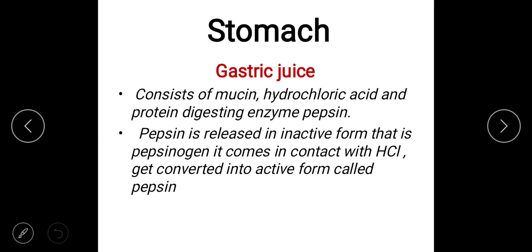It will start acting on the proteins of the walls of the stomach and start digesting them. As soon as it comes in contact with the HCl, the pepsin is converted into its active form. The inactive form of pepsin which is released in the digestive juice is pepsinogen. So HCl converts pepsinogen into pepsin.